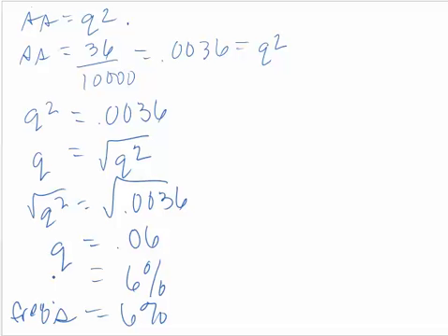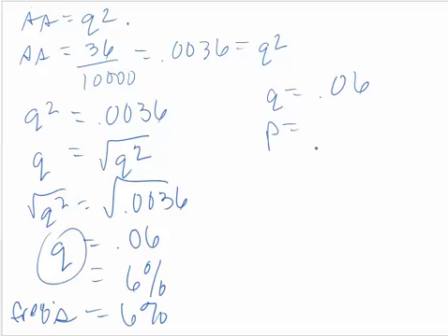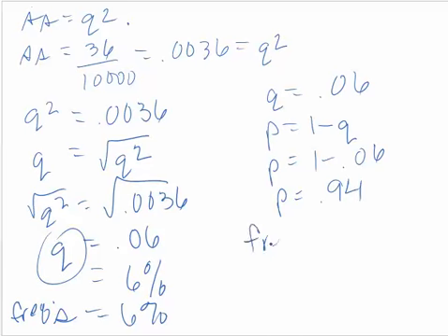Now, if little s is 6%, which is Q, so Q equals 0.06, P is going to be what? 1 minus Q is P. So P equals 1 minus 0.06, which is 0.94. The frequency of P is 94%. So that's question number 1.